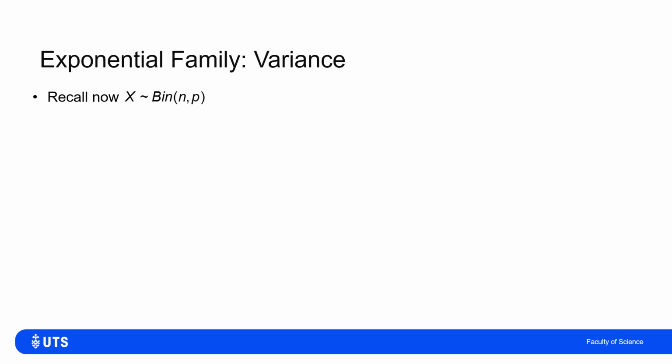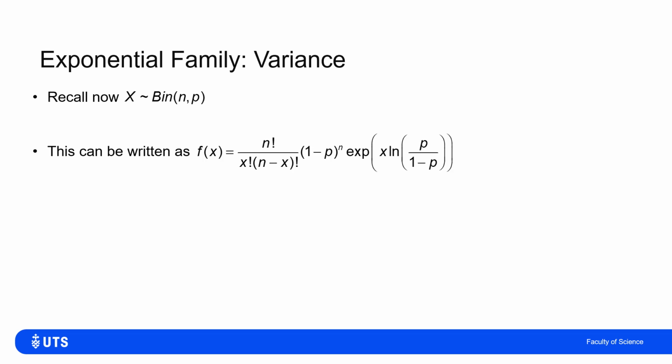We already saw the example of the binomial variable, at least where n was known, and hence it was in the exponential family. And when we wrote it in the exponential family, what we saw was that the natural parameter c, in this case c of the parameter p, was just the log odds ratio, so log of p over 1 minus p.